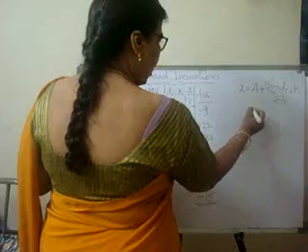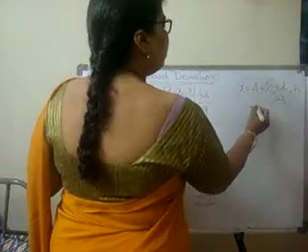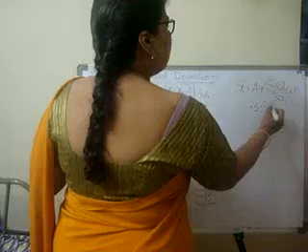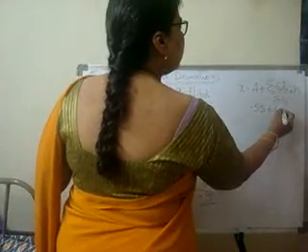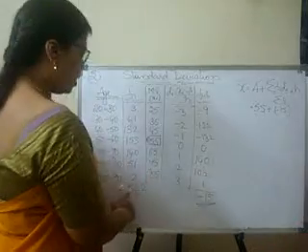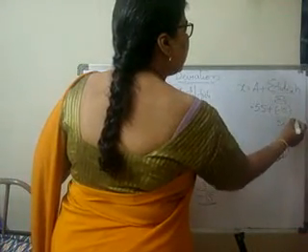Now substitute here. Your A is 55. 55 plus summation Fi di, which is minus 15, divided by summation F, which is 542, into 10.